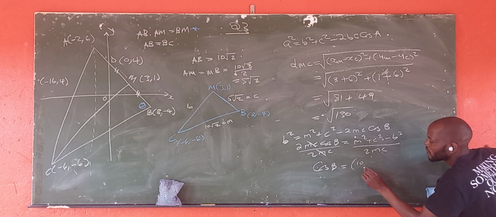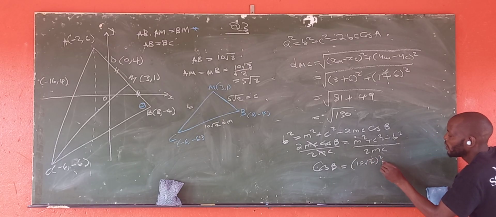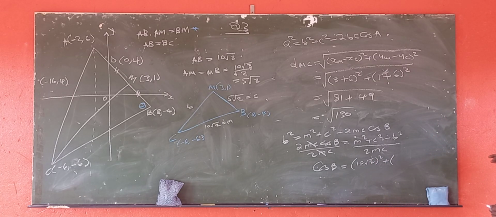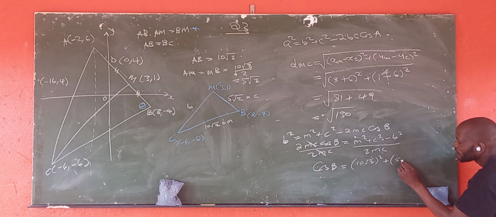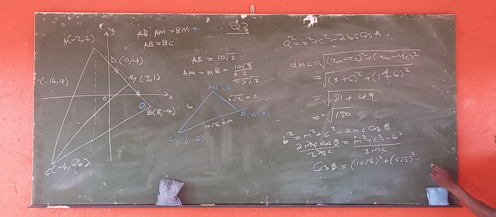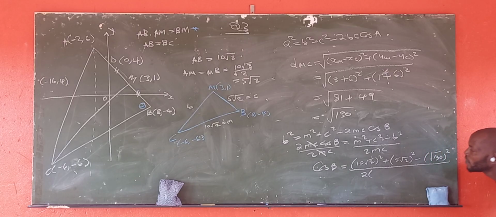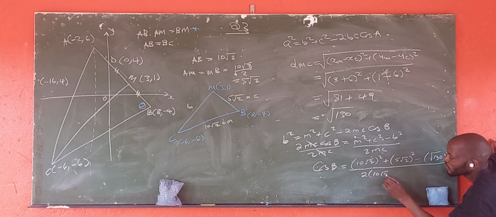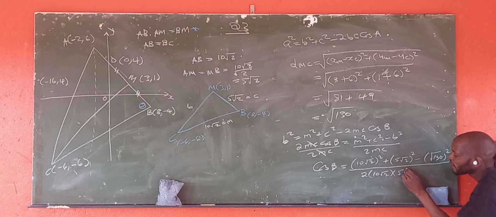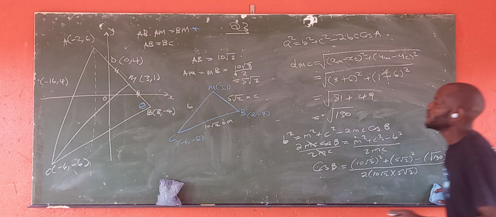So cos of B equals m squared, 10 the square root of 2 squared, plus c squared, what is c? 5 the square root of 2, whole squared, minus b squared, which is your MC, the square root of the value we found, all over 2 times m, 10 the square root of 2, multiplied by 5 the square root of 2.